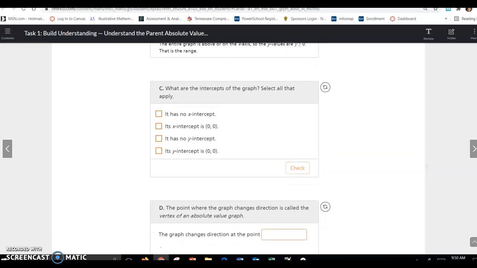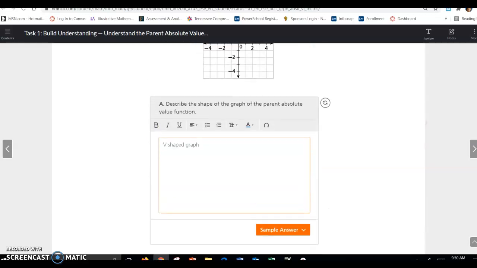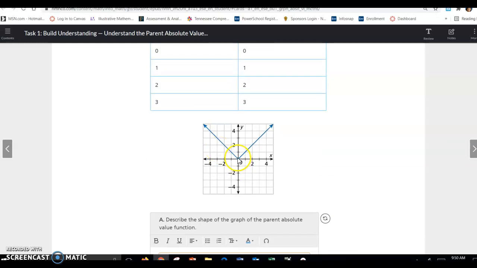All right, what are the intercepts of the graph? Select all that apply. Its x-intercept is at 0, 0. It has no y-intercept. And its y-intercept is 0, 0. When we look up here, you can see that it intersects at 0, 0.